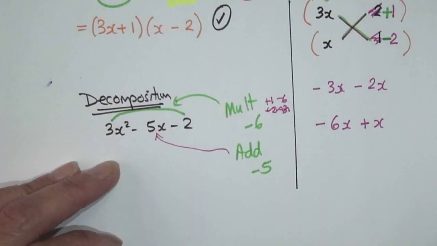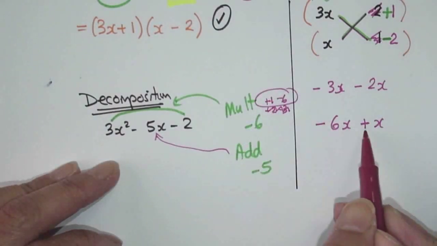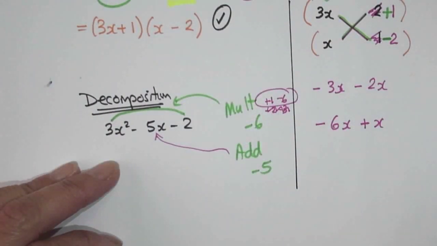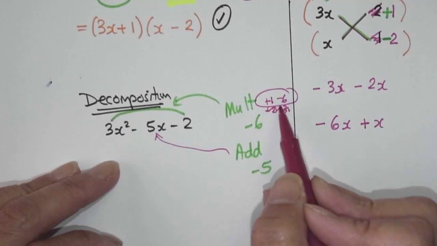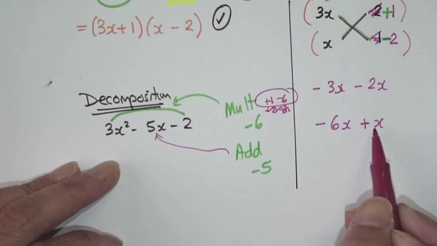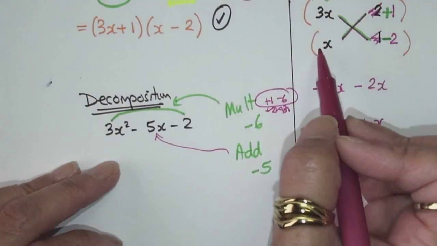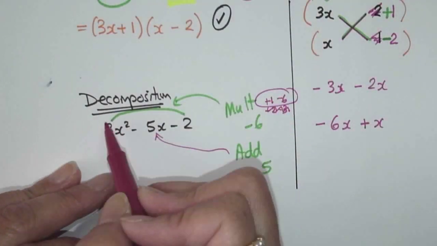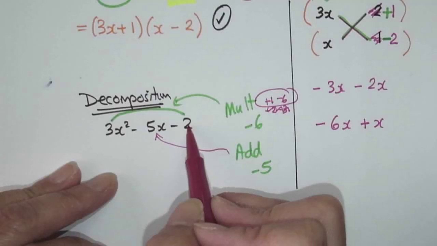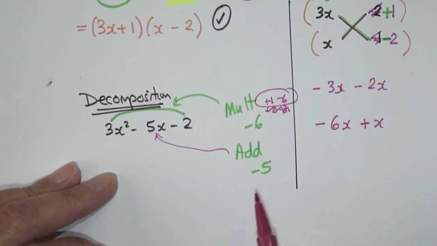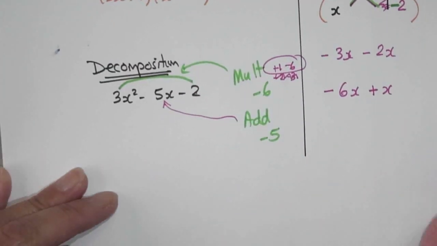Yeah, there you go. So it's the same thing. You can see it's the same numbers we're looking for, the 6 and the 1, the 3 and the 2. So mine is in the crisscross like that, and then this one you're doing 3 times negative 2 gets you negative 6, so it multiplies to negative 6 and adds to the middle term.